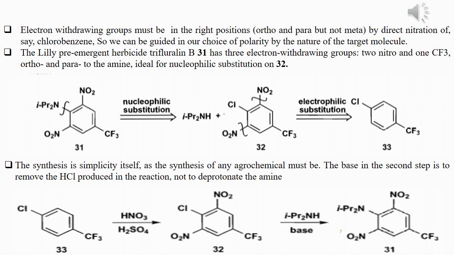The base in the second step is just used to remove the HCl, the HCl produced by the reaction of isopropylamine and the leaving group Cl. The base is used to neutralize that HCl.